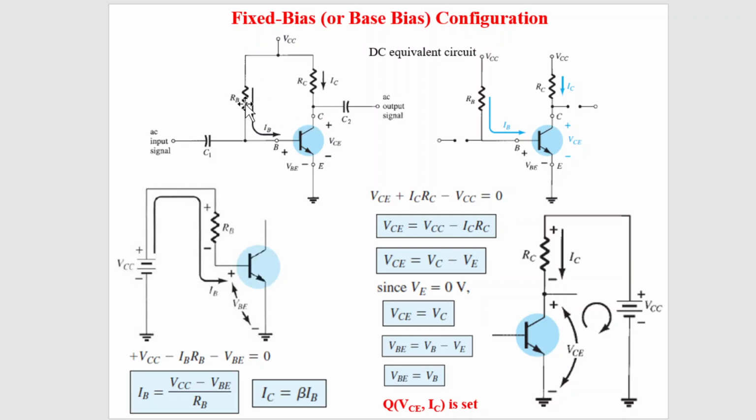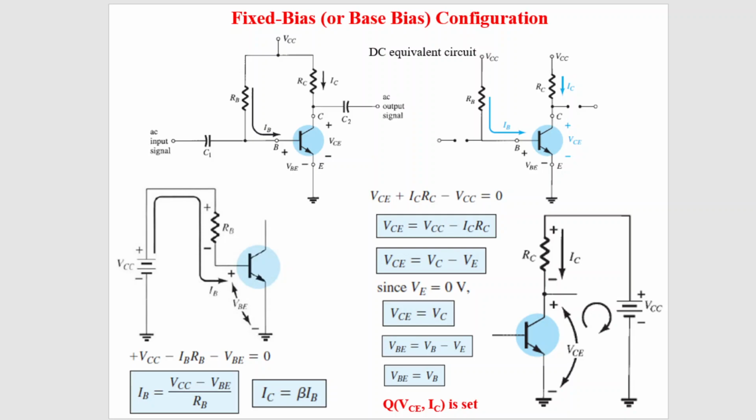This technique was called fixed bias or base bias, and we solved a few numerical problems which confirm that the base emitter junction is in forward bias and the base collector junction is in reverse bias. That is the condition we require to operate the transistor in the linear region, so we can use the transistor as an amplifier.